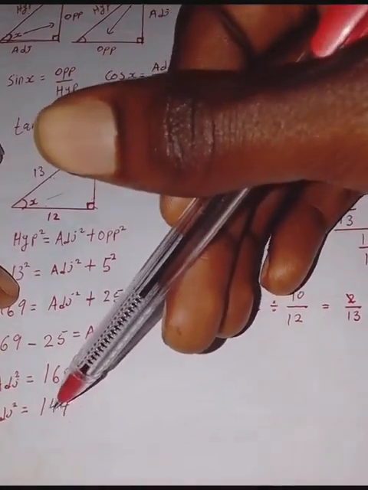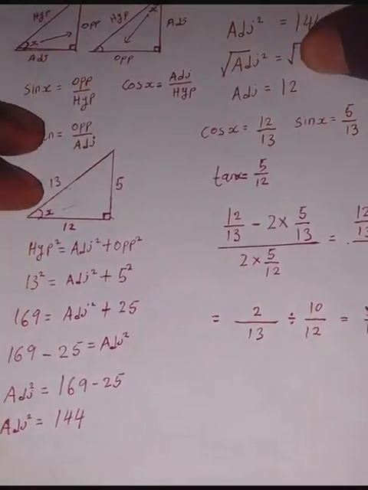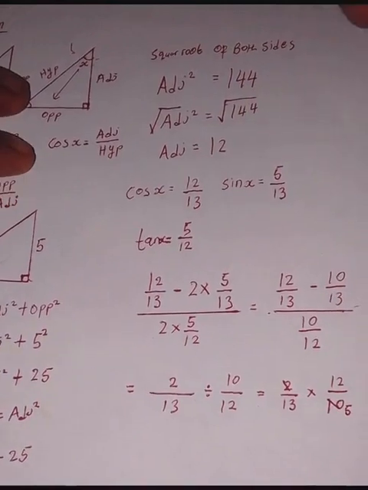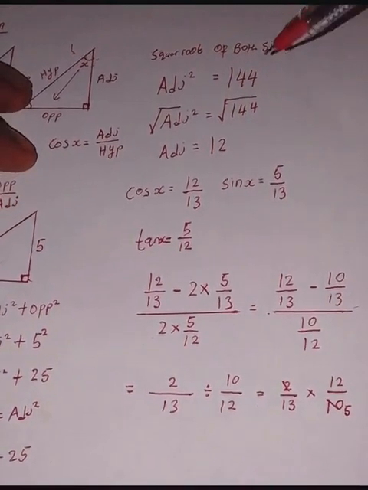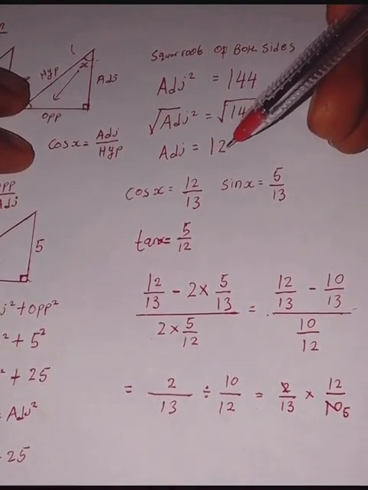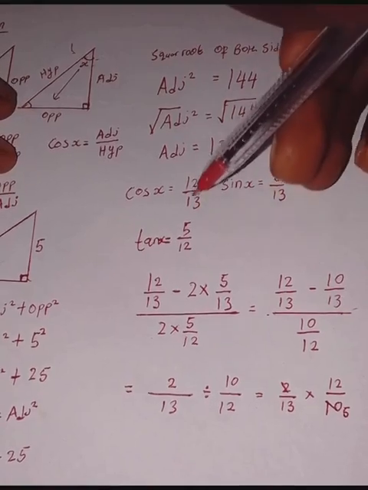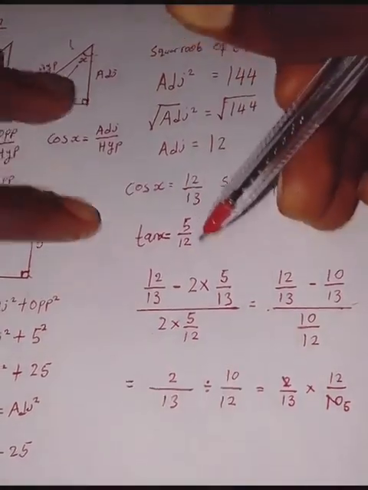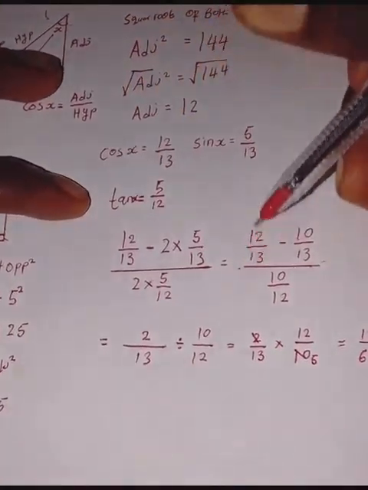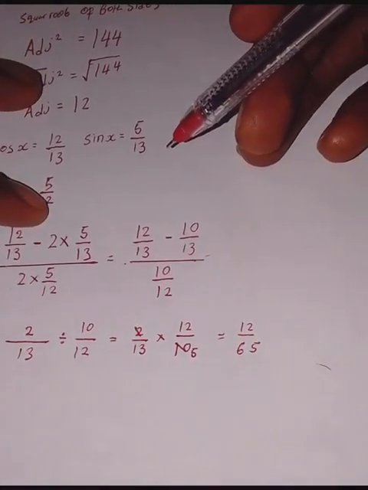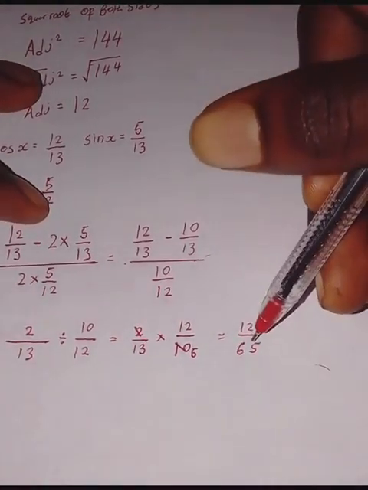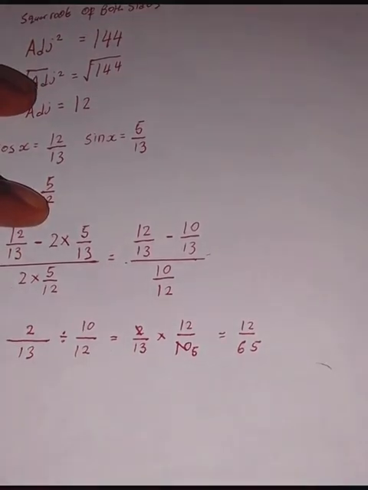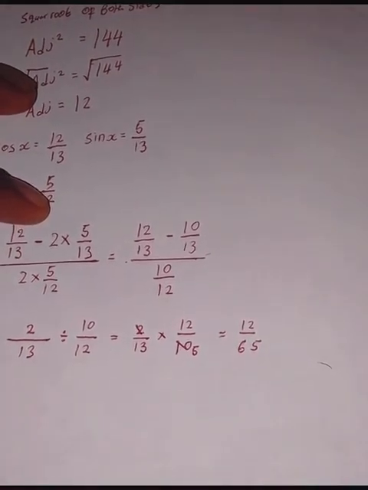We have 144 here. Then we find the square root of both sides, and we get our adjacent to be 12. From there, we got our cos x, sin x, and tan x. Then we did the fraction and arrive at 12 over 65. So that will be the final answer for now.